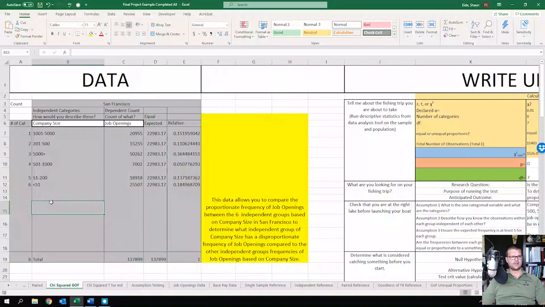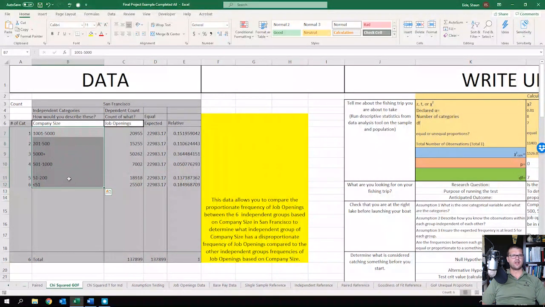And the question is, depending on how large the company size is, how does that relate to how many job openings there are? More specifically, is there a difference in the number of job openings based on the size of the company?